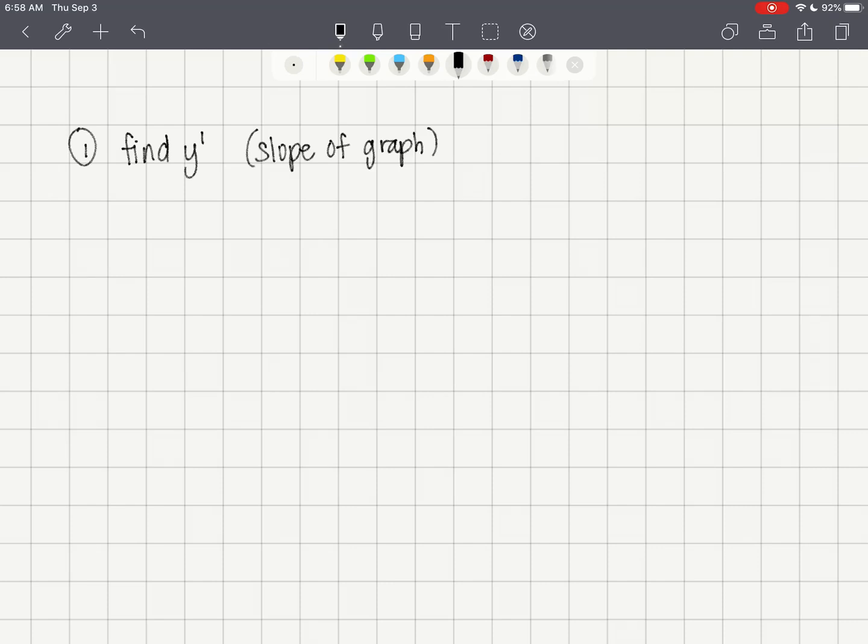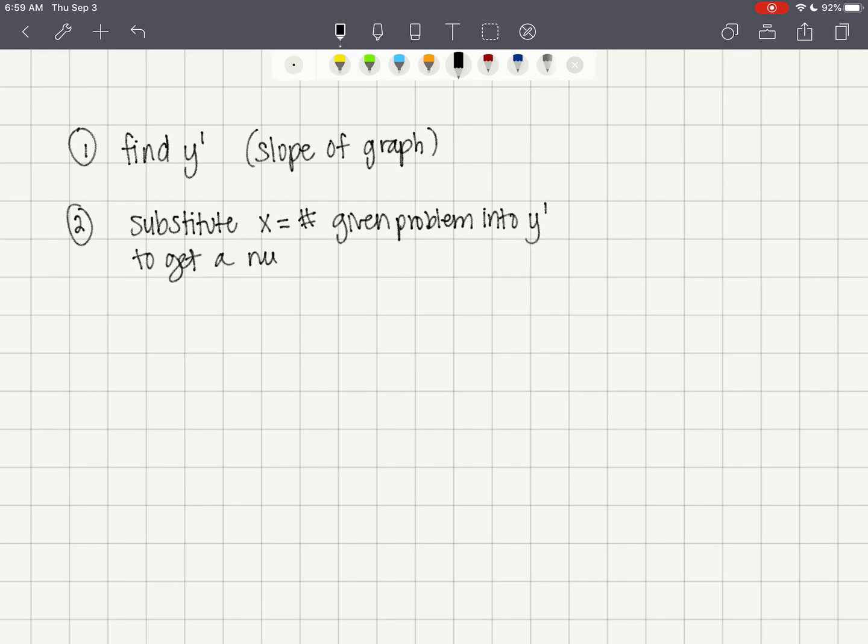Another thing that we did was substitute x equals your number given in the problem into your derivative to get a numerical value for your slope. So this accomplishes finding the slope.